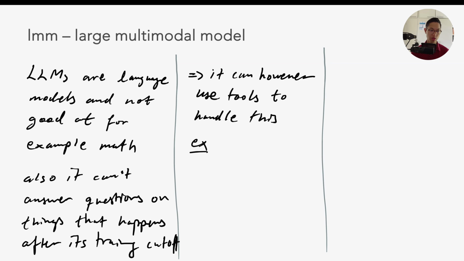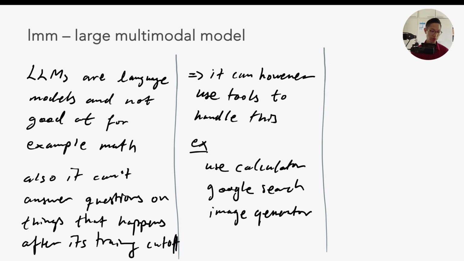For example, we can use tools such as a calculator to do computations, because that will be much better than using the raw training data that we have. And we can use Google search to enhance our context. We can get more context of the things that are outside of our cutoff, or more specific things, so that it becomes visible for the model to use to generate an answer.